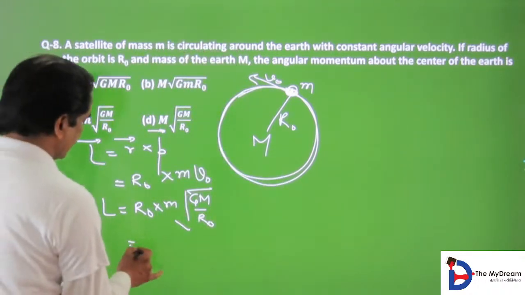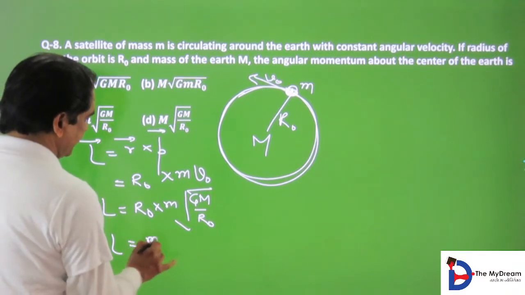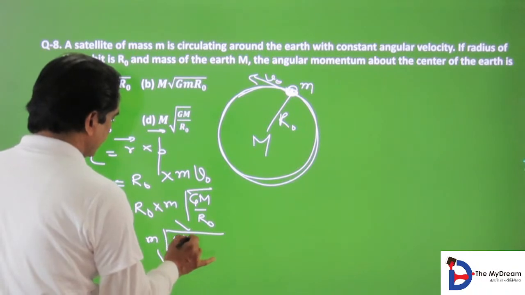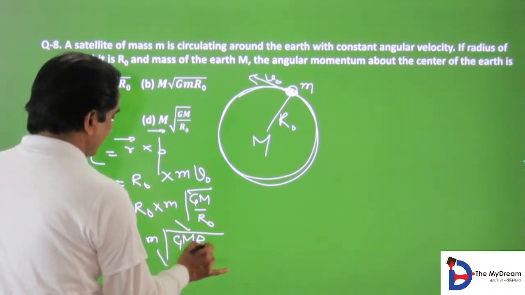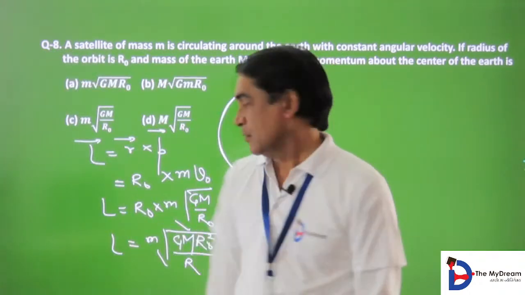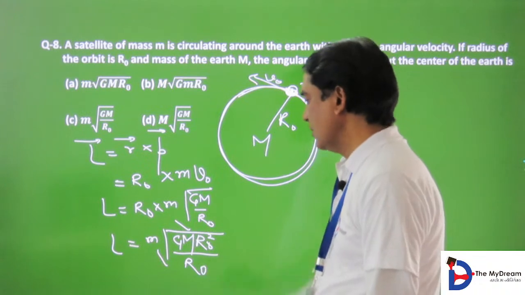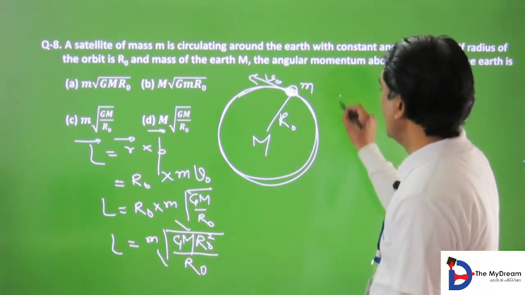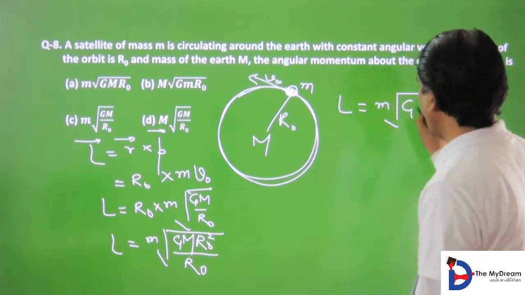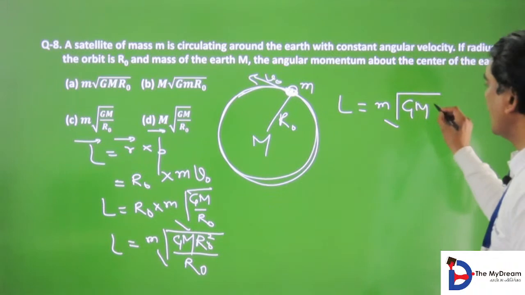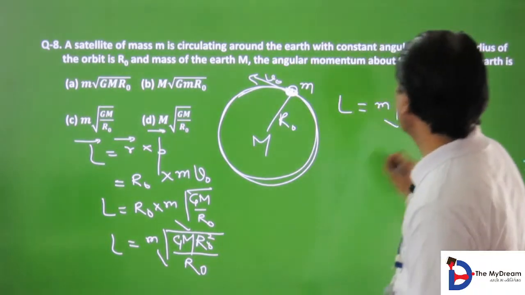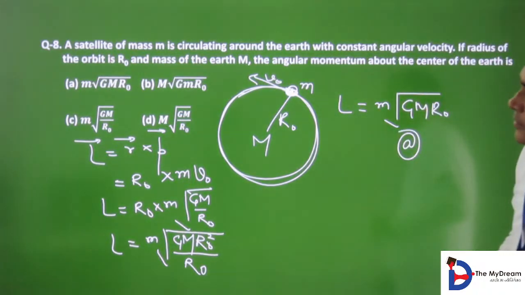So m into GM by r naught square divided by, r naught cancel, then you will get small m under root GM capital M r naught. So which one is correct? Option A is correct. Yes, this one.